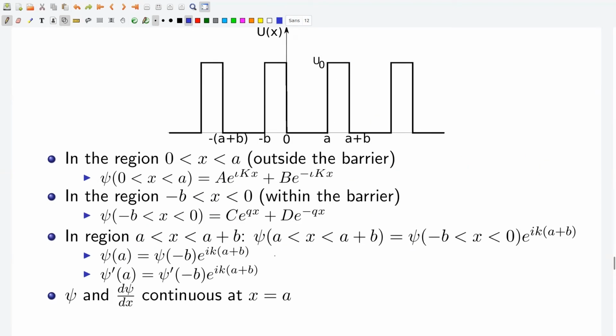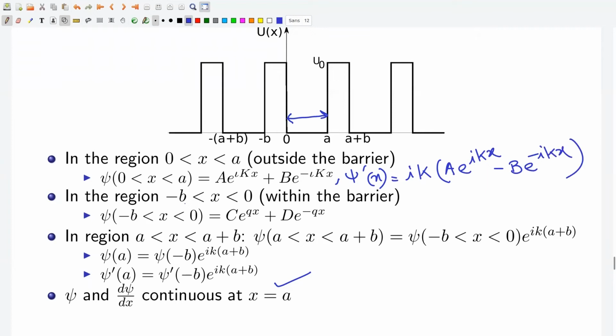Now, we match the wave function and its first derivative at x equal to a. In the region x lying between 0 and a, the wave function is A e power ikx plus B e power minus ikx, and its first derivative is ik times A e power ikx minus B e power minus ikx.